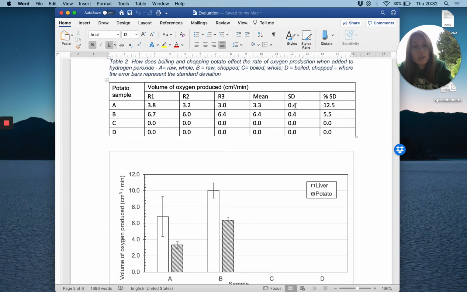Standard deviation is just a number put on the amount of variation we have. It takes the mean distance of each of these values from the mean. So it calculates the difference of each of the values from the mean, and it calculates the average of that, if you will. Both of these have a standard deviation of 0.4.